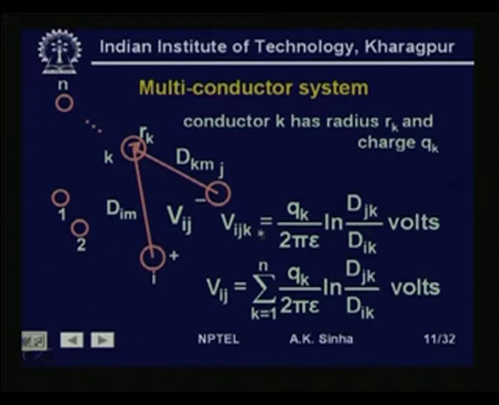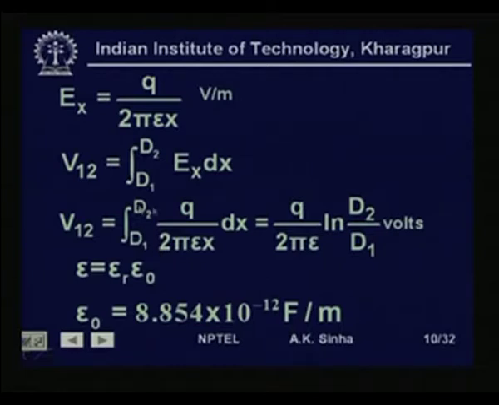conductor k. This will be equal to qk by 2 pi epsilon ln of the distance dkj divided by distance dki, as we can see using the old relationship that we have found here, q by 2 pi epsilon ln d2 by d1.